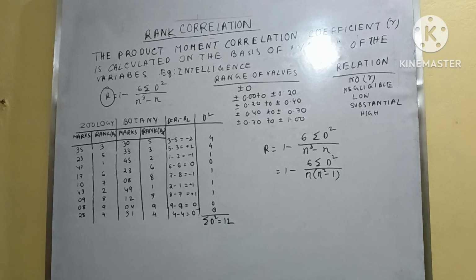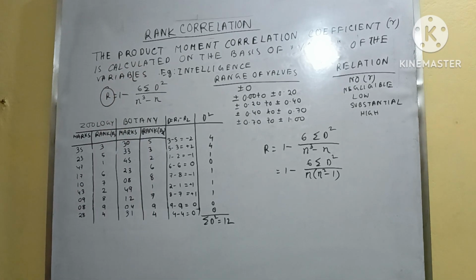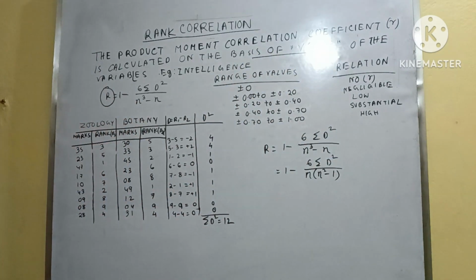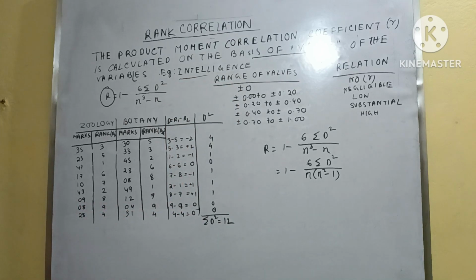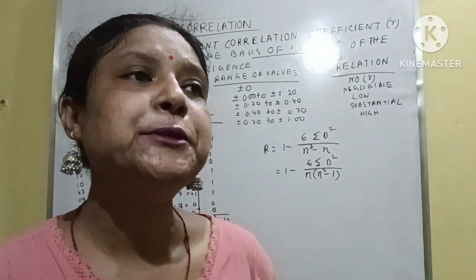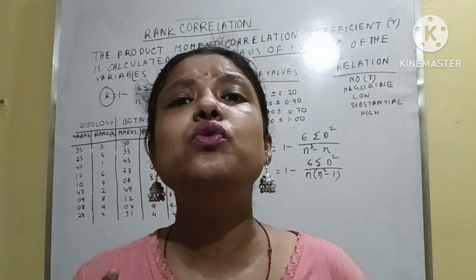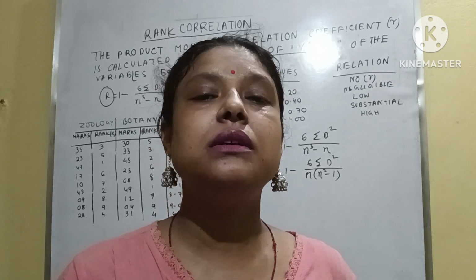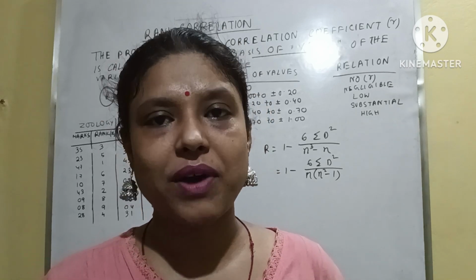We have already learned that correlation means the relationship between two variables, calculated from the derivatives of x and y, where x is one variable and y is another.